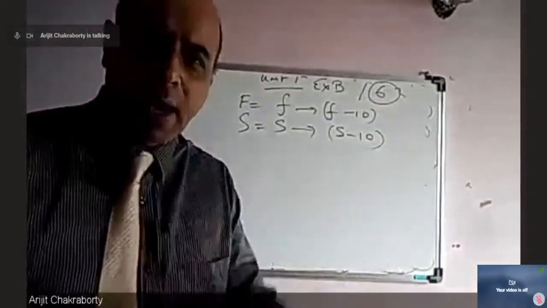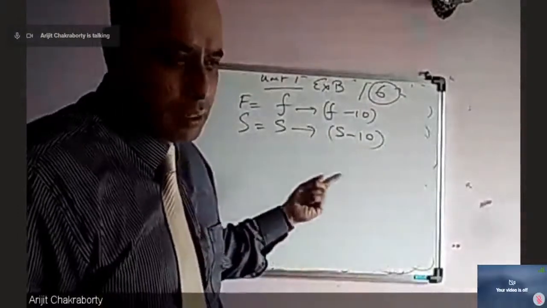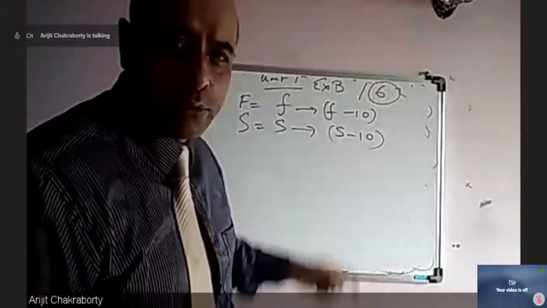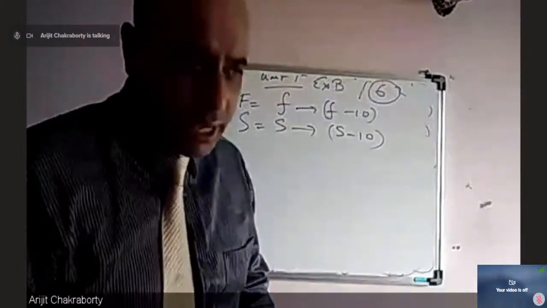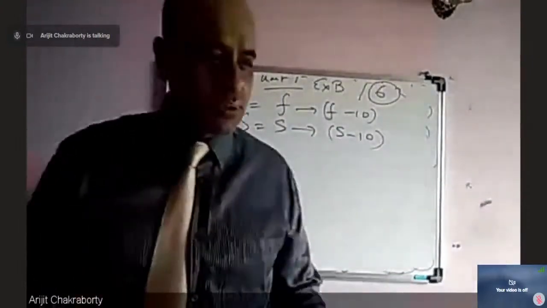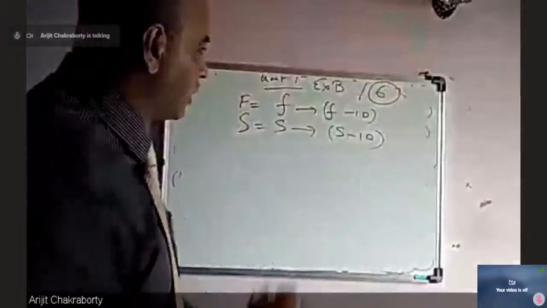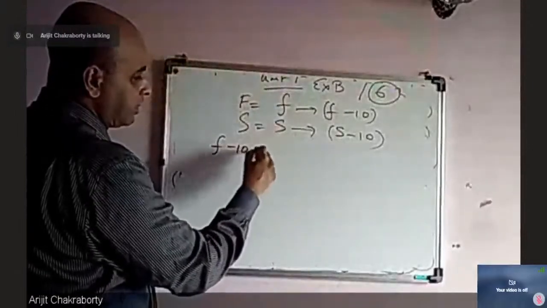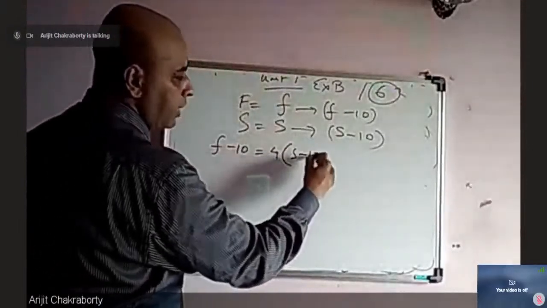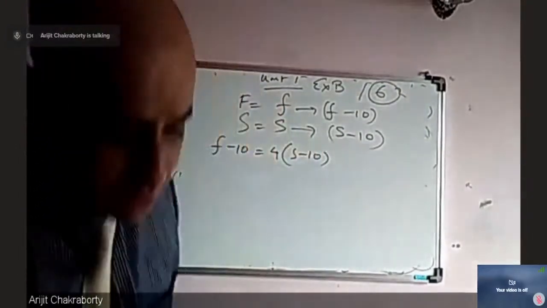The problem says the age of the father was 4 times that of his son. That means F minus 10 is equal to 4 into (S minus 10). This is the first equation.